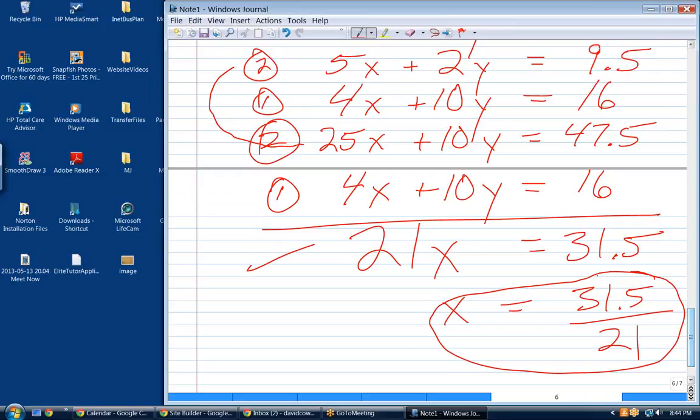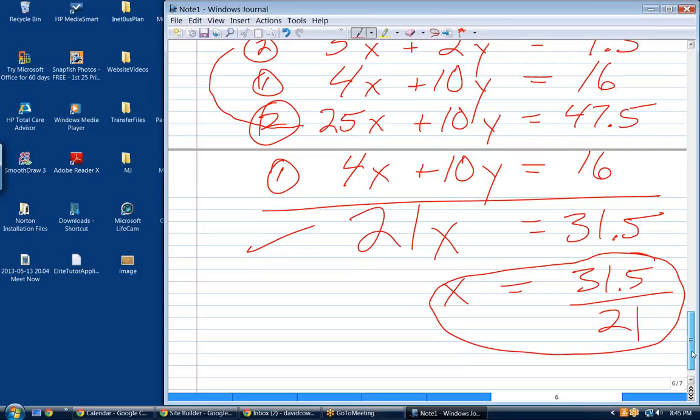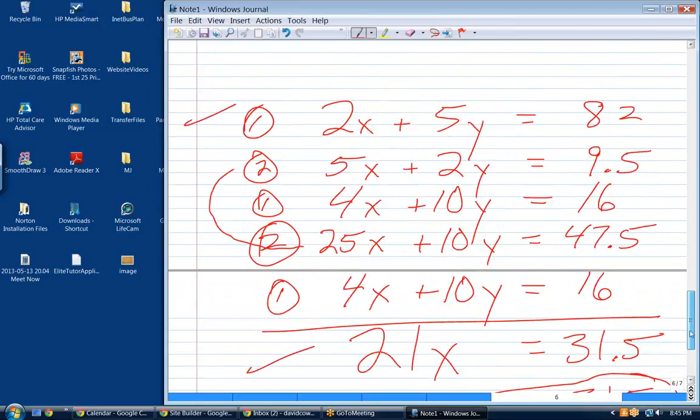Yeah, that's exactly $1.50 per hamburger. 31.5 divided by 21 is $1.50. So hamburgers cost $1.50 must mean hot dogs cost $1. Because if I substitute $1.50 here and solve for y, y is going to end up being $1.